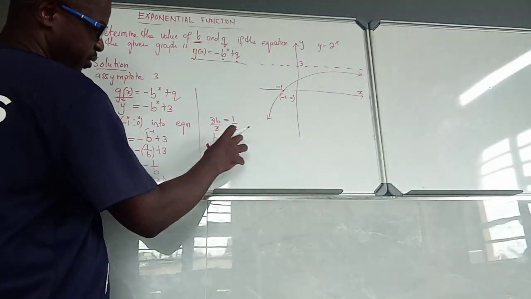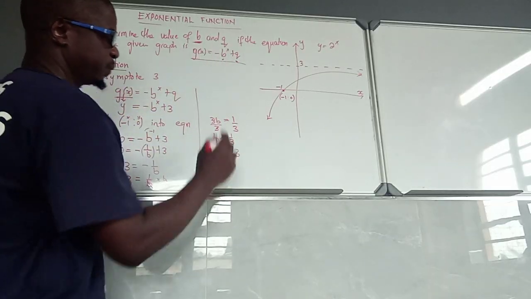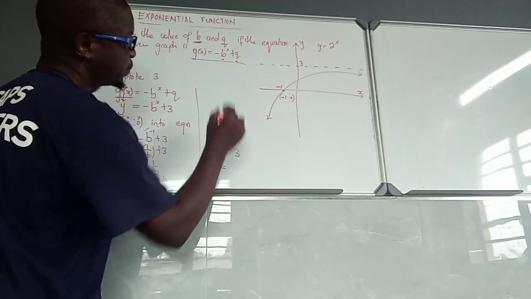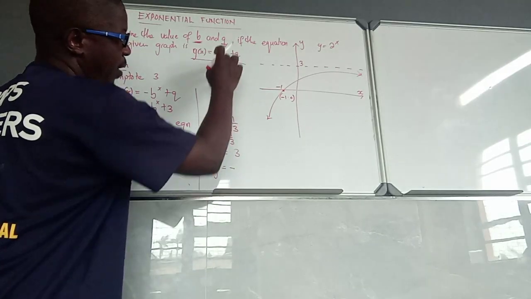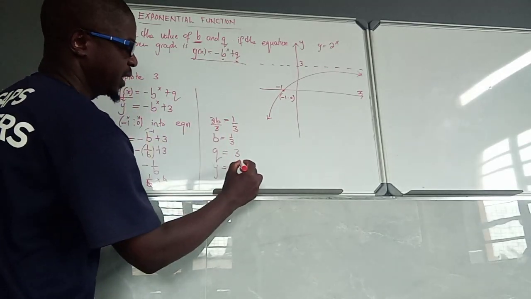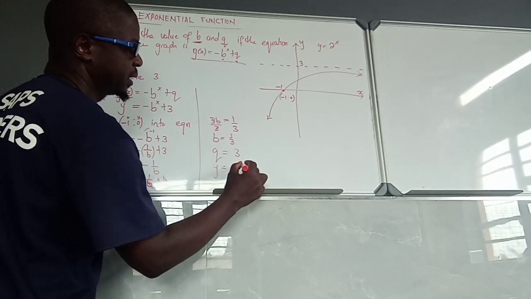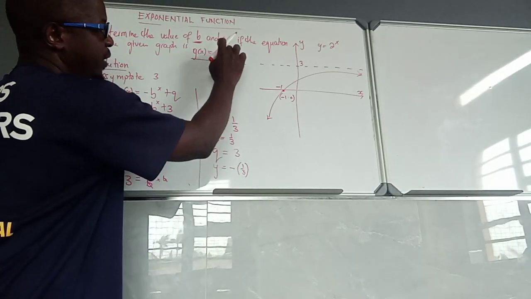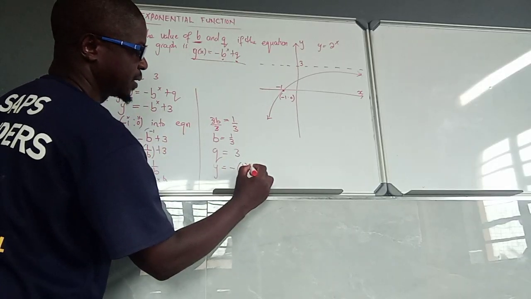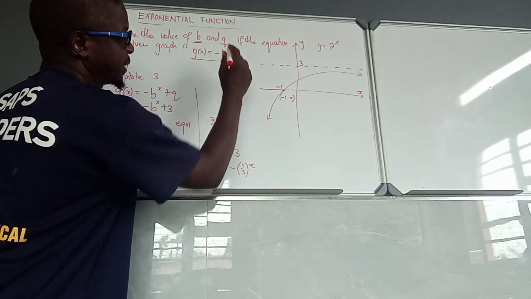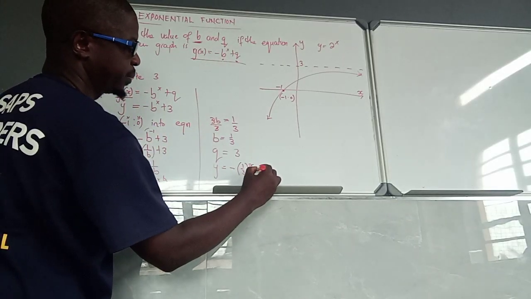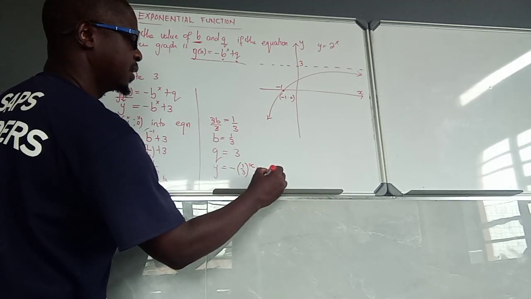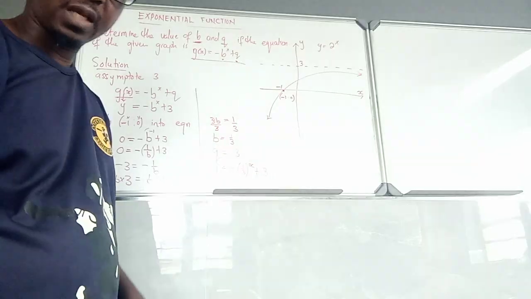Let's resubstitute these values into our equation, where y is equal to minus b. What is b? We said that our b is a third, to the power of x plus q. What is q? Our q is 3.